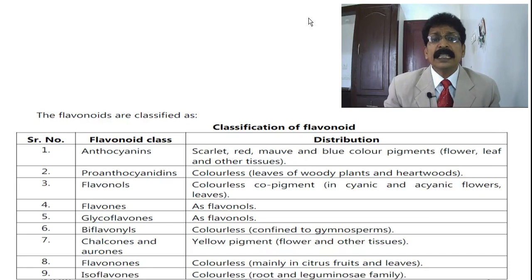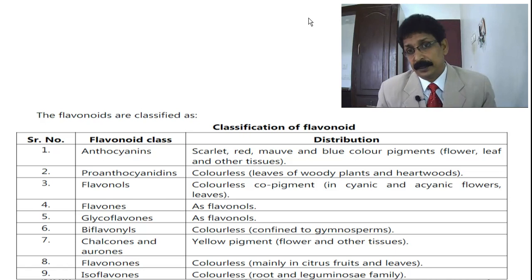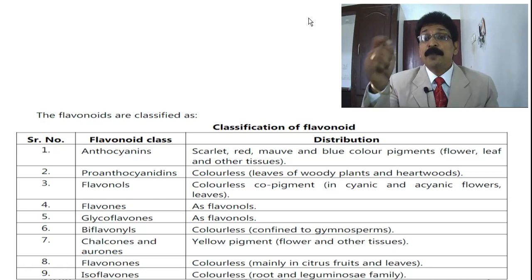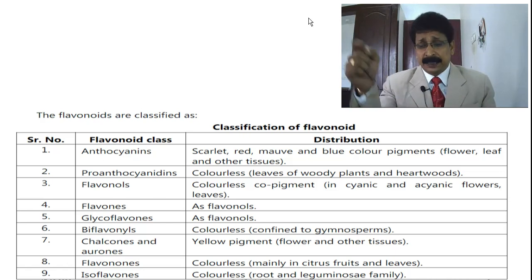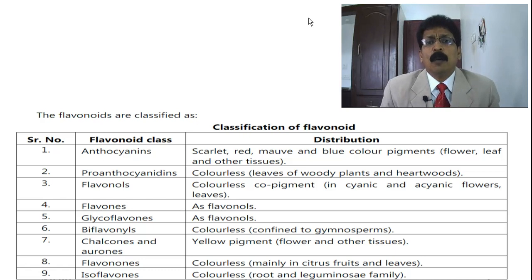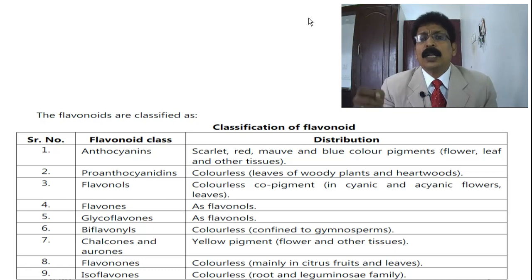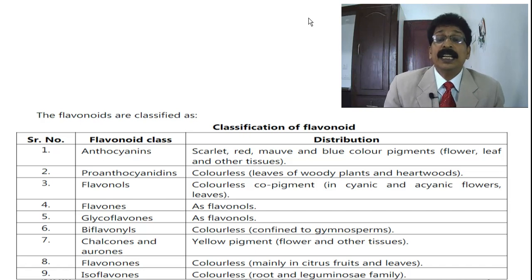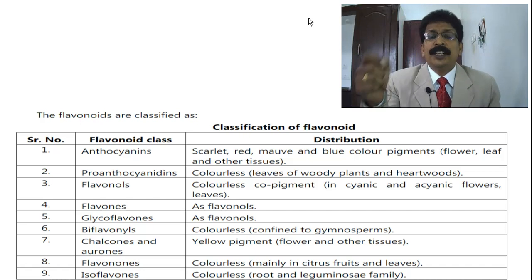In the classification of flavonoids, number 1, anthocyanins. Distribution, that means where they are present in the plants: scarlet red, mauve and blue color pigments present in flowers, leaves and other tissues.